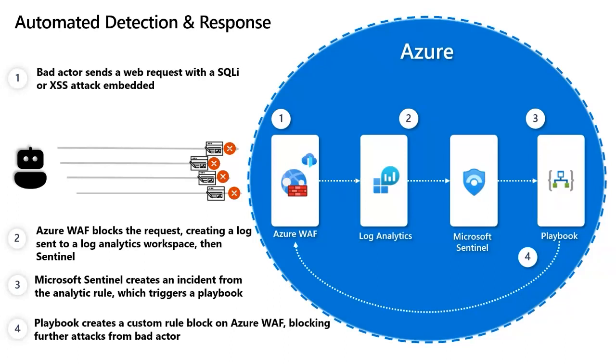So this is not just for one. It's not one custom rule per attacker. It is one custom rule for all attackers that will hit this incident. This custom rule will block any further attempts from the malicious actor's public IP up front, rather than being processed through the entire WAF managed rule set.